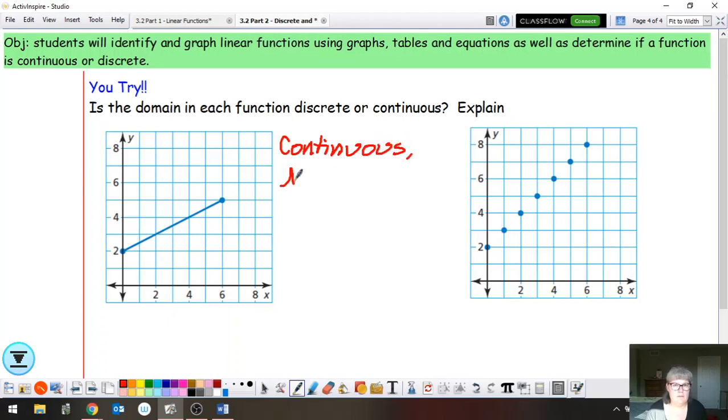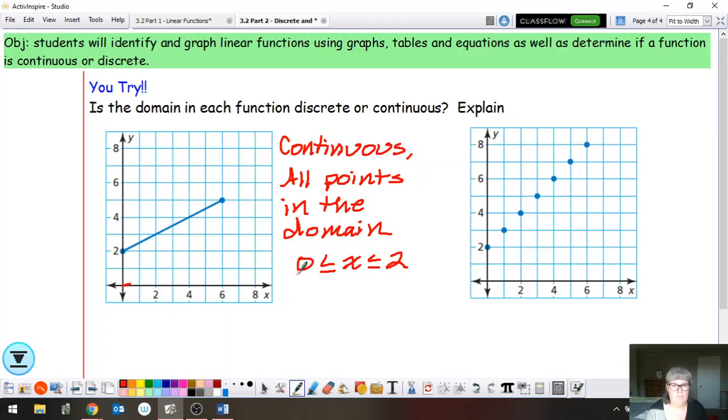It is all points in the domain of 0 to 6. I'm going to write the domain here because when we can write the domain as a compound inequality, that's another example of it being continuous, because we're showing every single point in between.